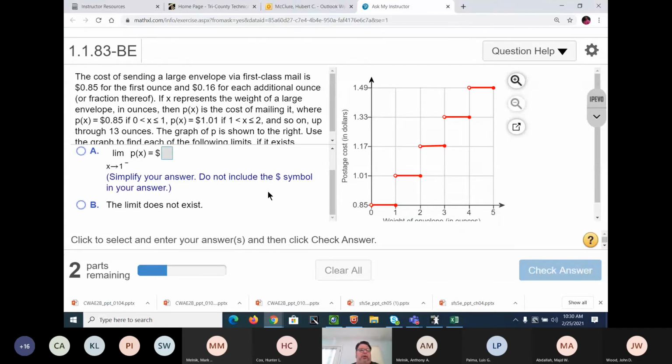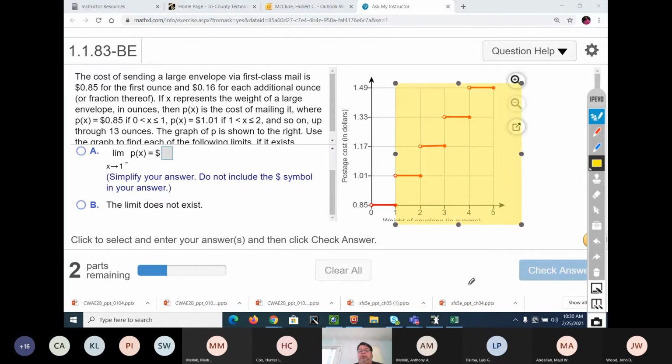All right, so here we go. I'm going to cover up the right side of x equals 1. As x approaches 1, what is my y approaching? 0.85, Hubert. That's right, class. Thank you for the interaction.